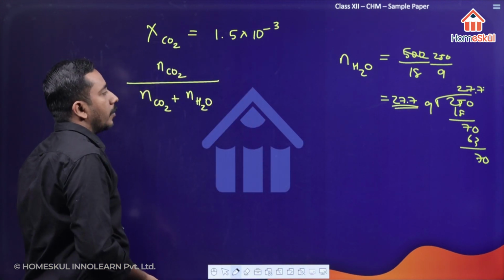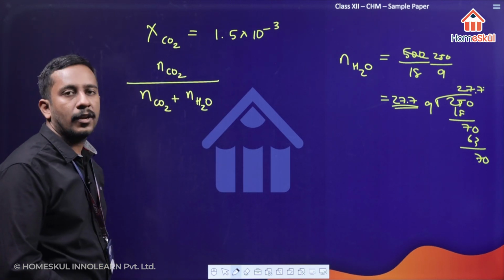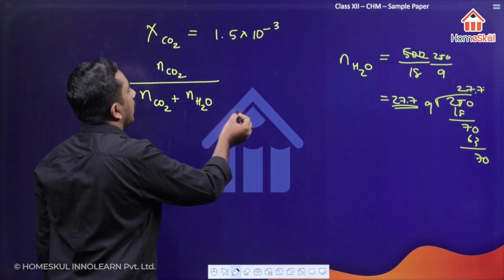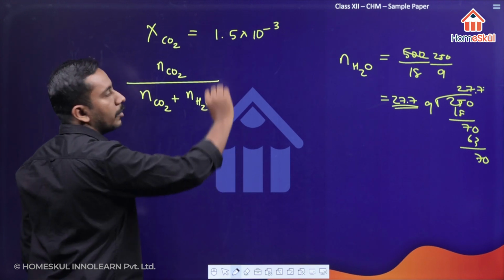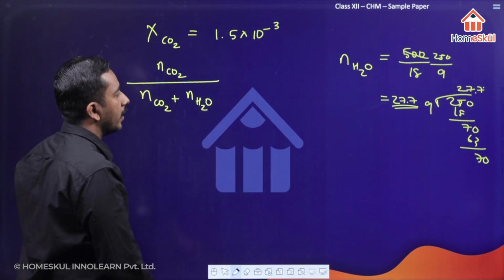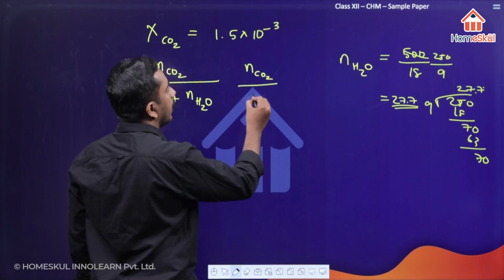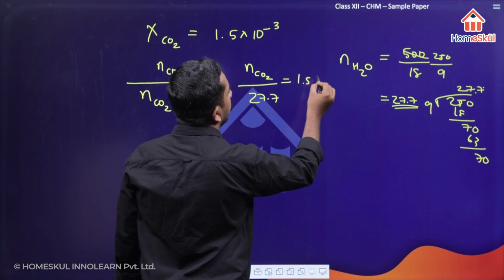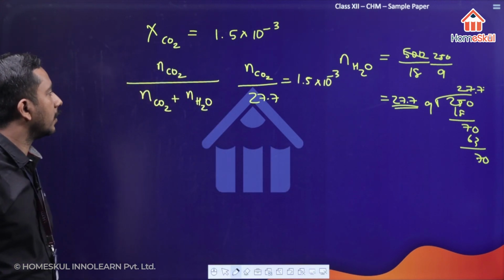So we have to calculate the number of moles of carbon dioxide. In the denominator, as the carbon dioxide moles are going to be a small value, we can ignore that. So the number of moles of carbon dioxide divided by the number of moles of water is equal to 1.5 × 10^-3. That means the number of moles of carbon dioxide divided by 27.7 is 1.5 × 10^-3.